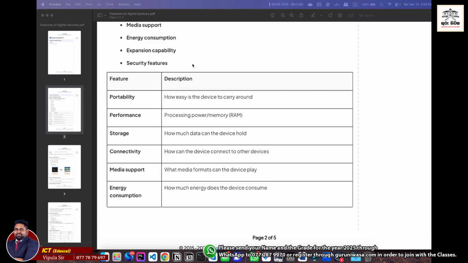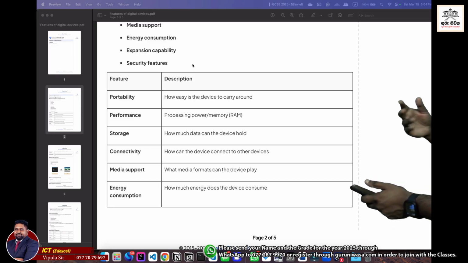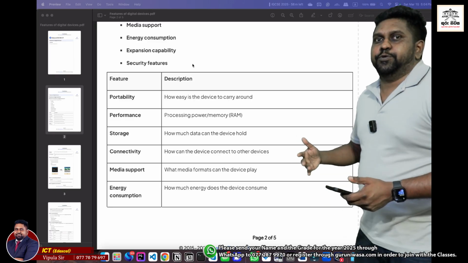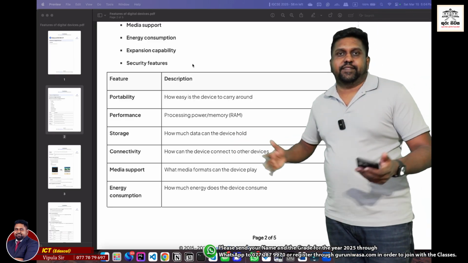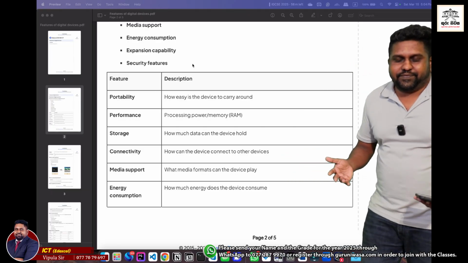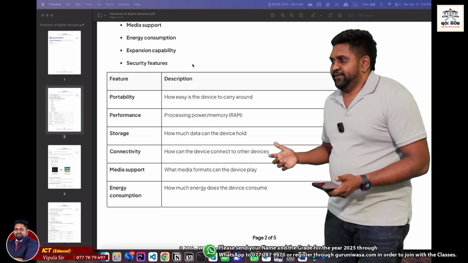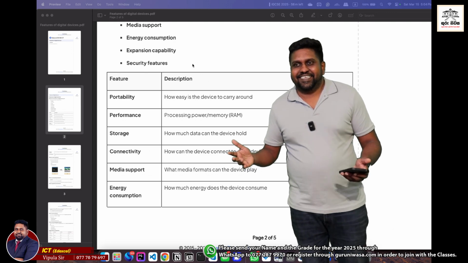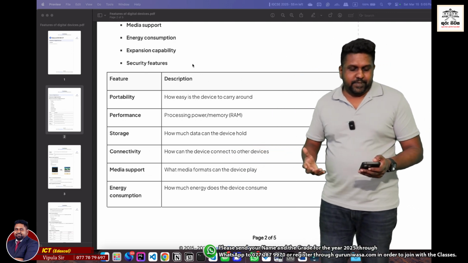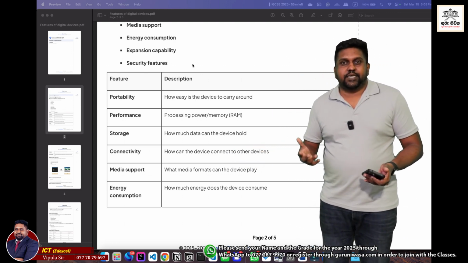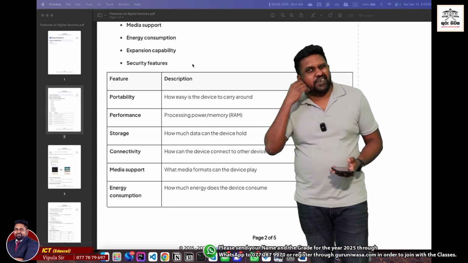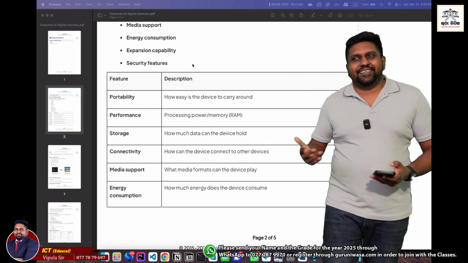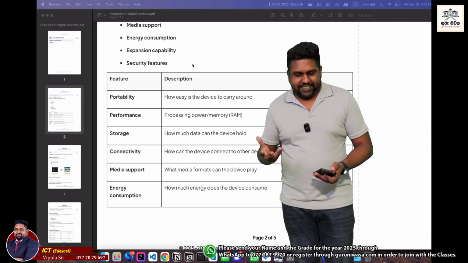Then we jump into storage, which is again an important factor, because this depends on the device. You do not need storage on all devices. Let's say an IoT device like a home controlling device, then you do not need specific storage for that.